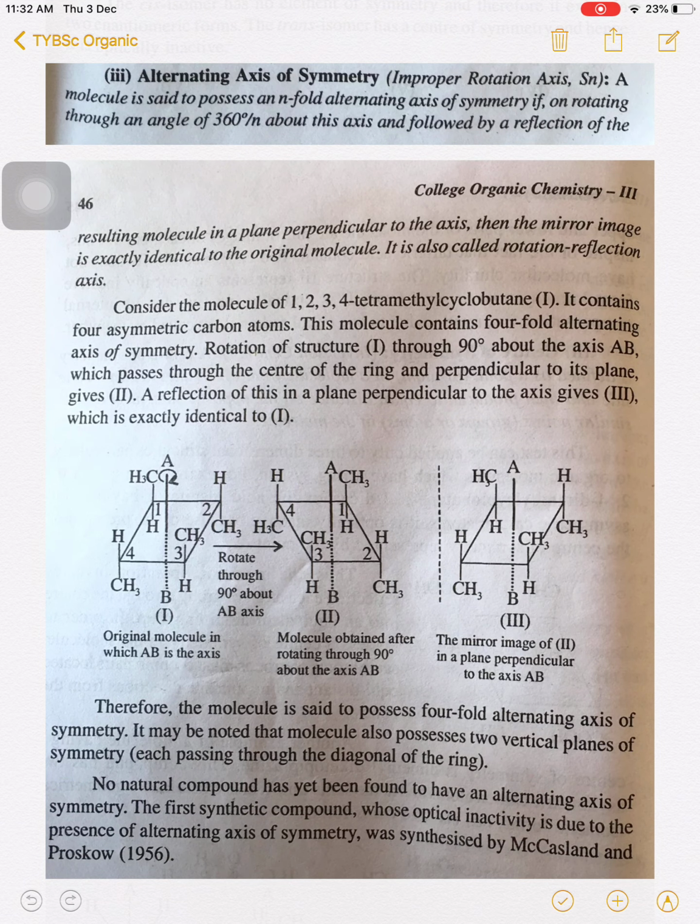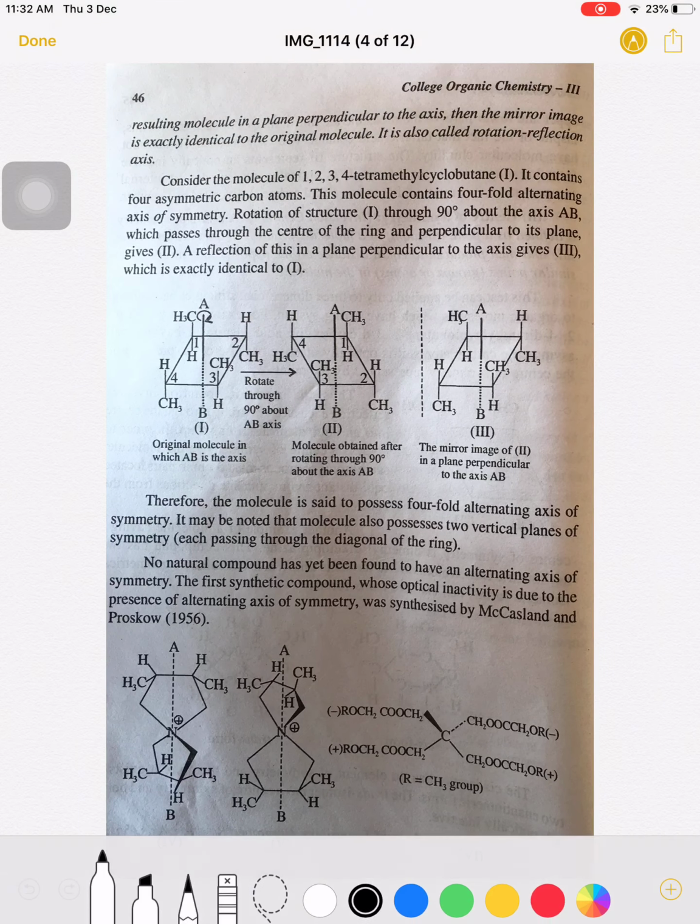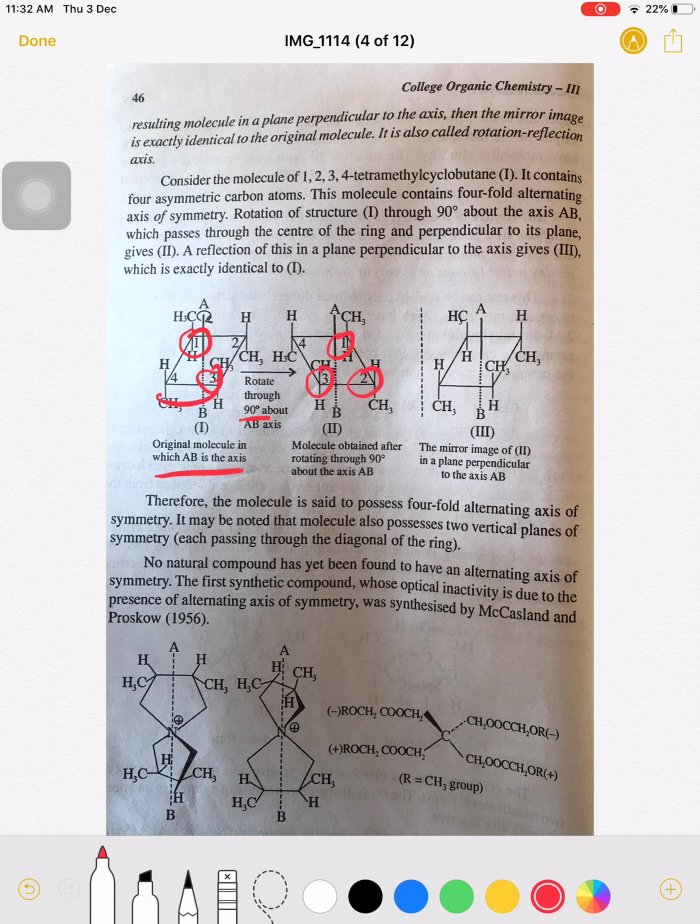Now see this example here. It is the 1,2,3,4-tetramethylcyclobutane example. Initially this molecule is rotated by 90 degrees. So this is the molecule I just rotated. By rotating this molecule by 90 degrees, this 1 comes here, this 2 comes here, this 3 comes on this side, and 4 comes on the first side.